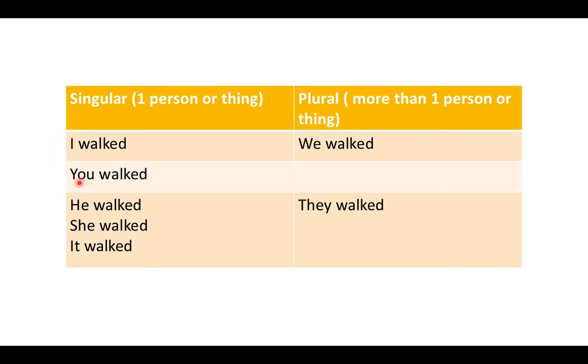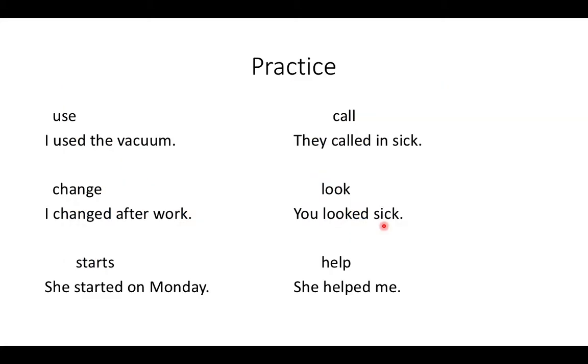It doesn't matter who it is about. It can be I, you, he, she, it, we, they. You're always just going to put the ed at the end of the verb. You don't need to put an eds, none of that. So it's just I walked, you walked, he walked, she walked, it walked, we walked, they walked. So that's all you got to do. Nothing complicated. Nothing too hard.